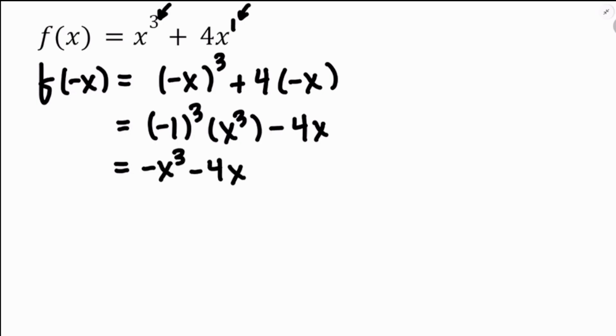That's not what I had before, but if I don't have exactly what I had before, there's also the chance that it could be odd, where I have the exact negative of what I had before. So if I factor out a negative 1, I'll have the negative of x to the third plus 4x, and now I'm seeing that f of negative x is the negative of f of x, and that's what it means to be an odd function.